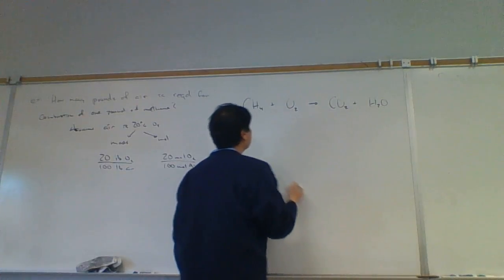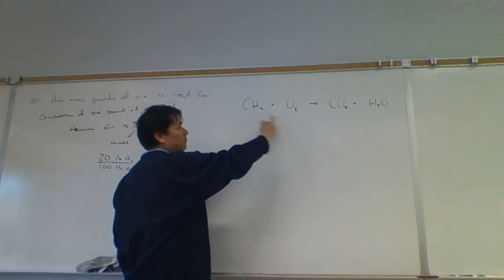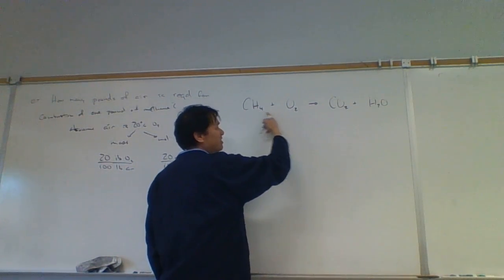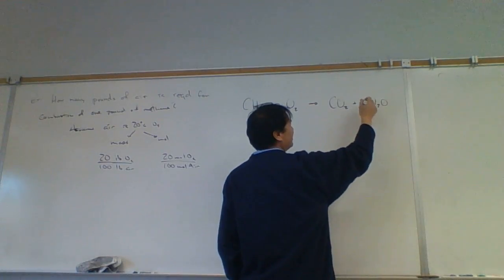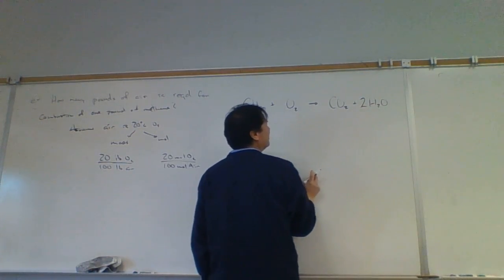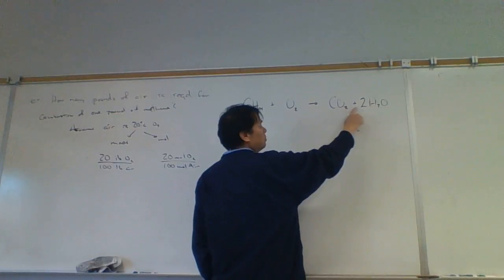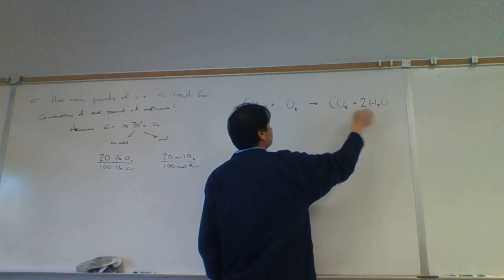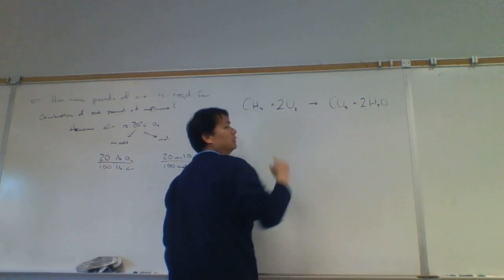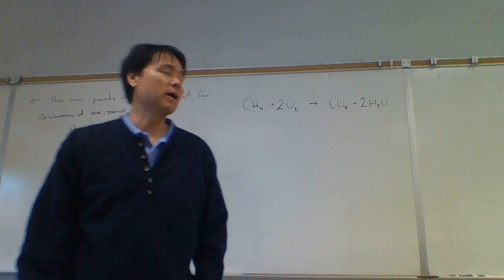So let's go ahead and balance it. I got one carbon, 4 hydrogens. So I'll need how many waters? 2 waters. And that gives me 2 plus 2 is 4 oxygens. So I just need 2 O2s, and that's balanced.